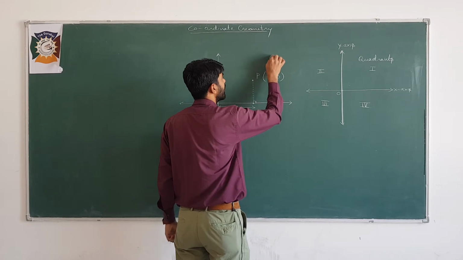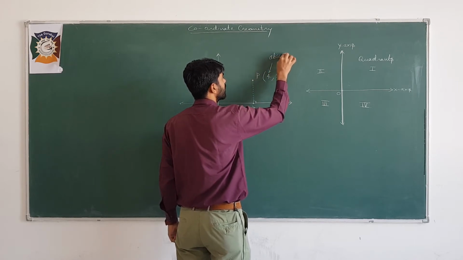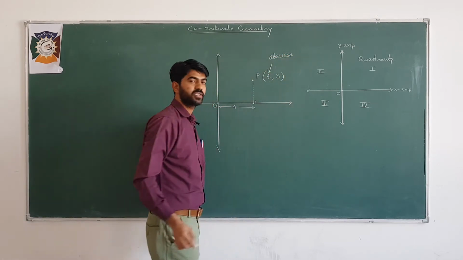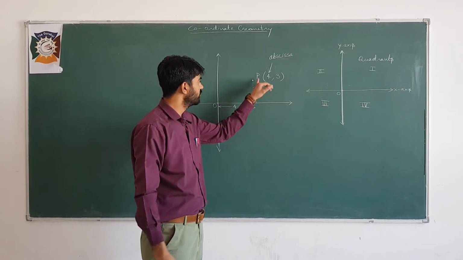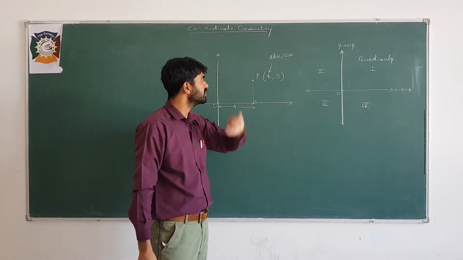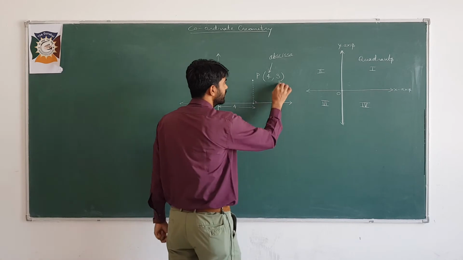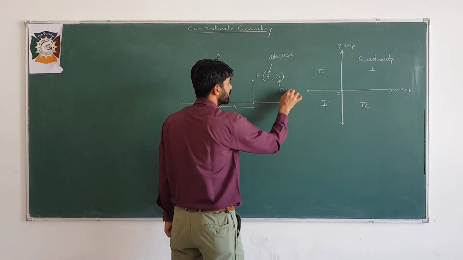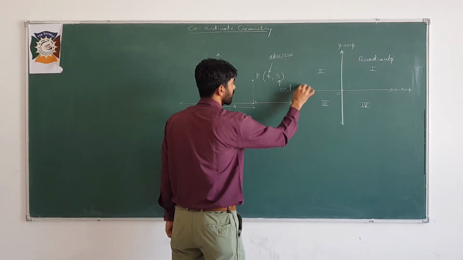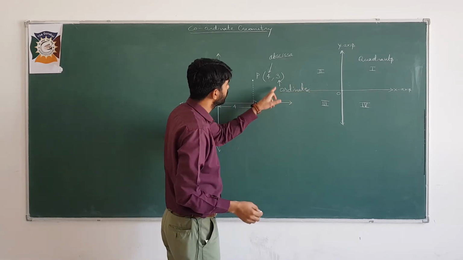We call it abscissa. The x coordinate of any point is called abscissa, and the y coordinate is called ordinate. And the value of ordinate is 3.